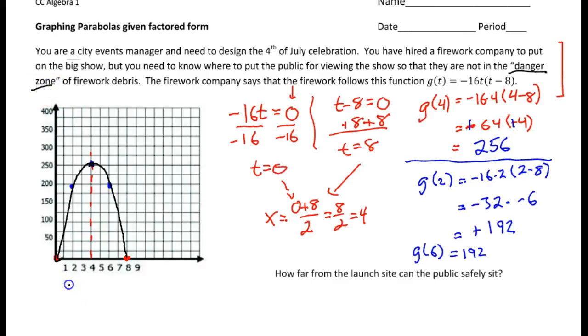So this is the danger zone right here. You do not want to be in this area, but anywhere over here would be safe. As long as the firework flames aren't coming down on your head and roasting you, you're okay.